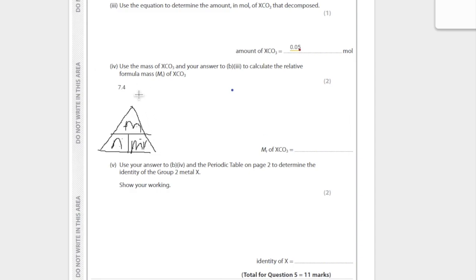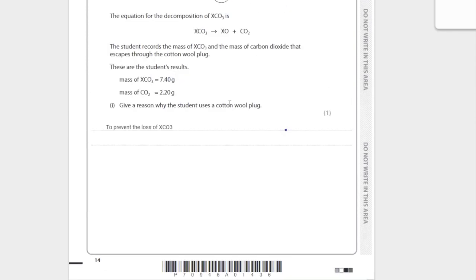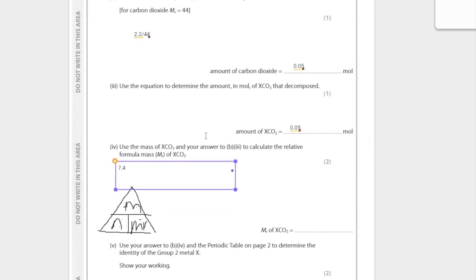So 7.4 grams divided by 0.05 moles gives 148. That should be the formula mass, Mr.